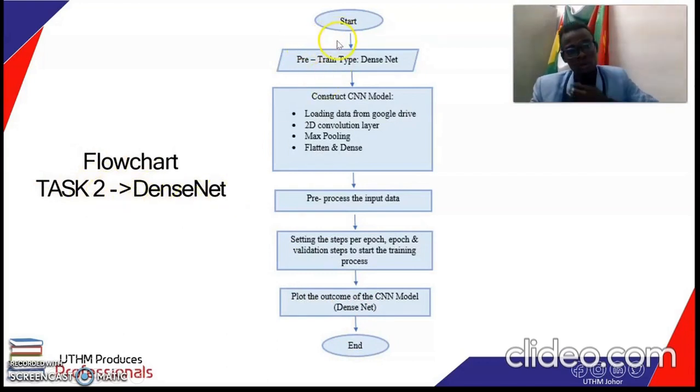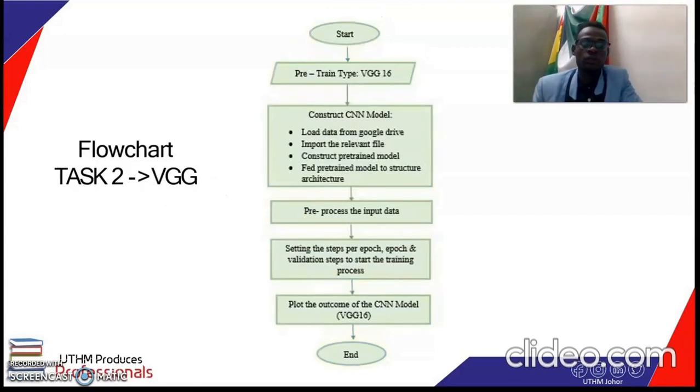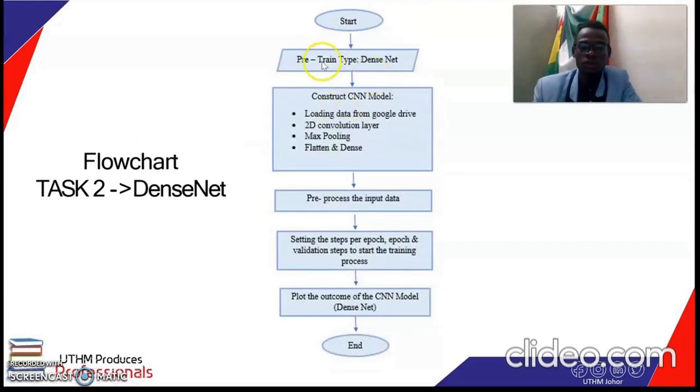So here also we need to start first, then the pre-train type is DenseNet, as we are using DenseNet here. Almost the process is the same, except the train type. The train type there was VGG16, and here we are using DenseNet.